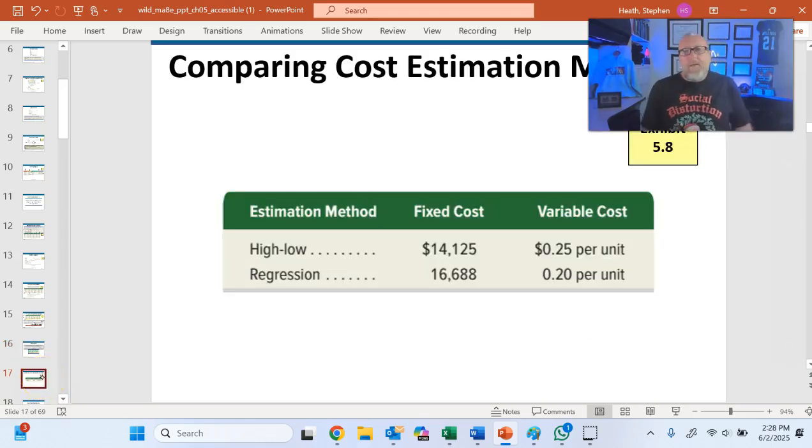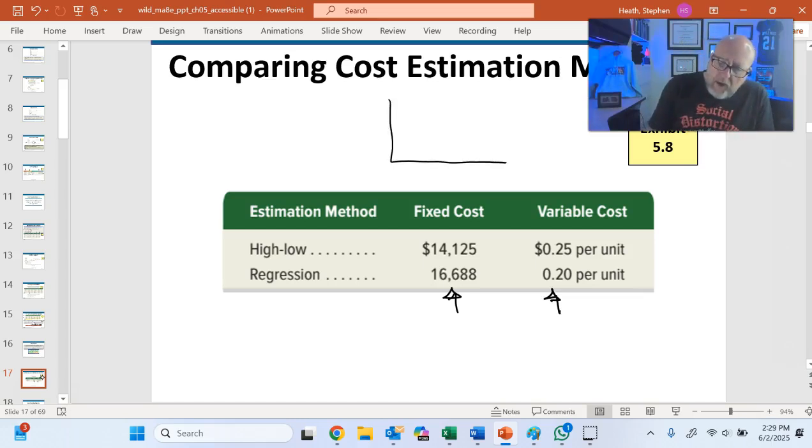We're not even going to use a regression in this class, but if you were to use regression, what we would be saying is that based on the results, our fixed costs would have been 16,688, and the variable cost per unit would be 20 cents. So the high-low method comes up with this approach, and the regression analysis comes up with a higher fixed cost and a slightly lower variable cost.